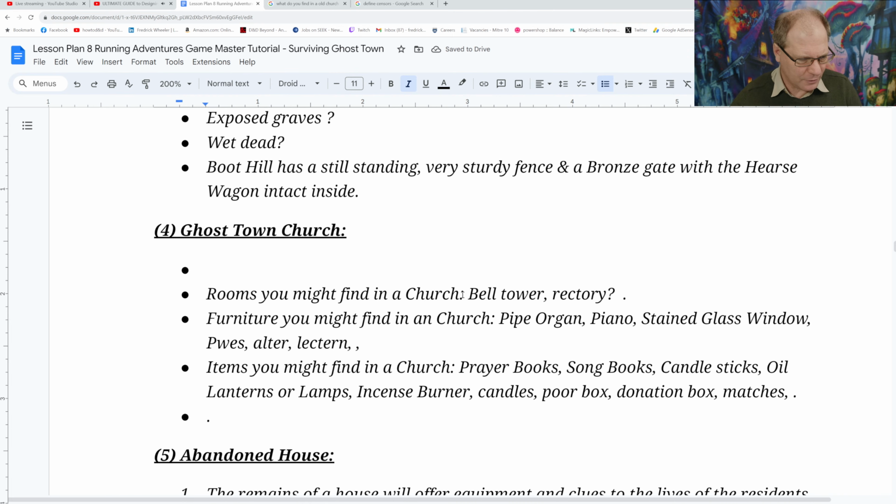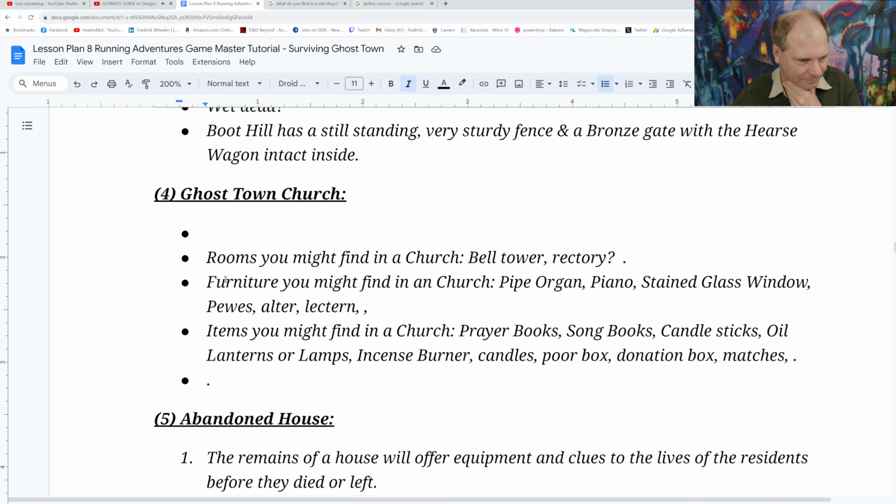Lectern, pews. Let's get pews right. Songbooks, yep. Prayer books, and I got them. Prayer books and songbooks we've got on the list. It's on there. It's done.